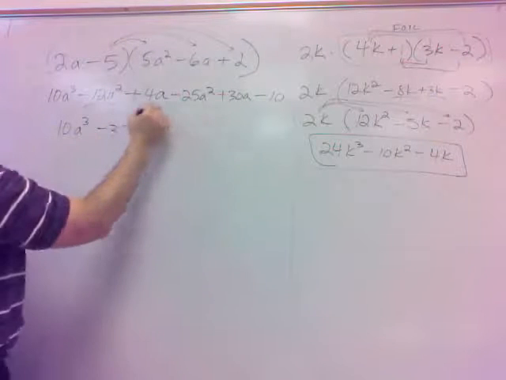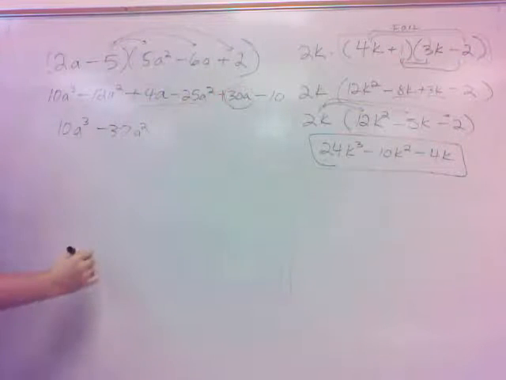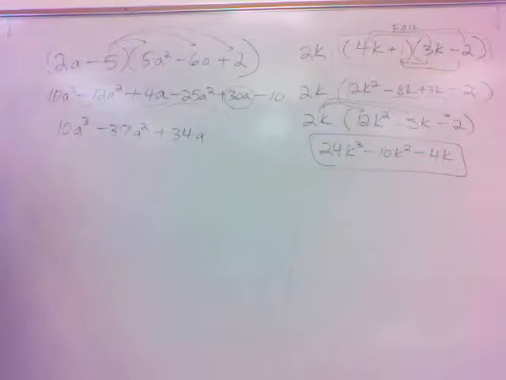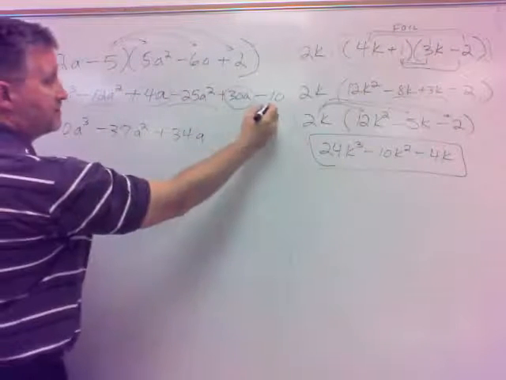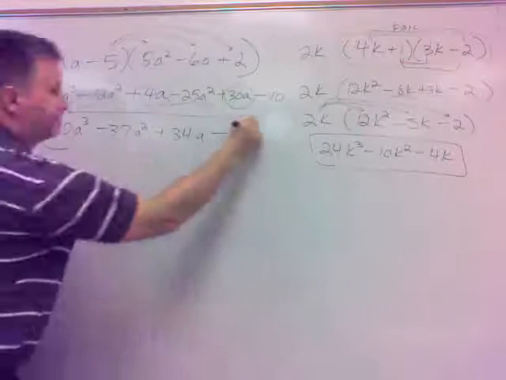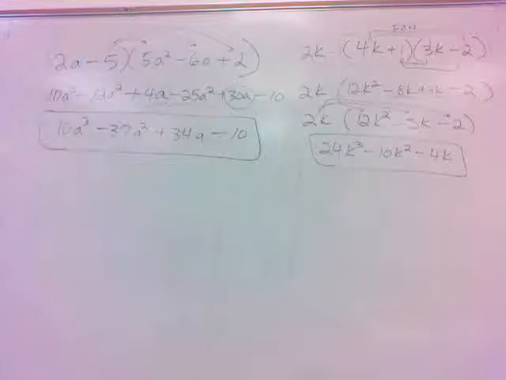And then I have 4a and a 30a. Those are like terms, aren't they? 4 and 30 is 34a. And then minus 10, well, nothing like it. So there you go. Okay? This sound okay? All right, so that's multiplying of some polynomials.